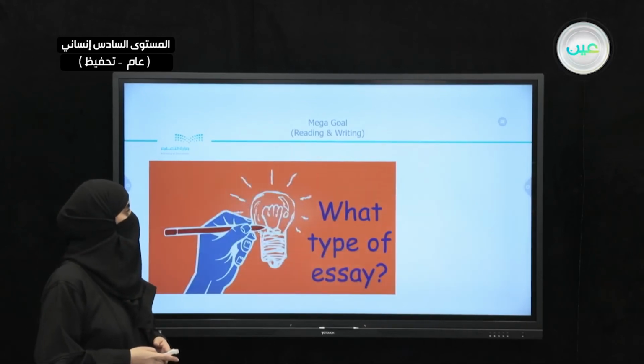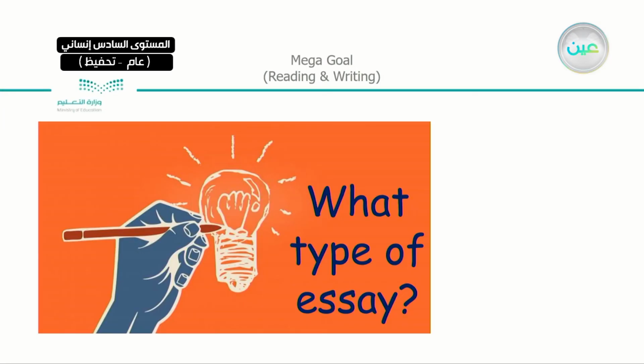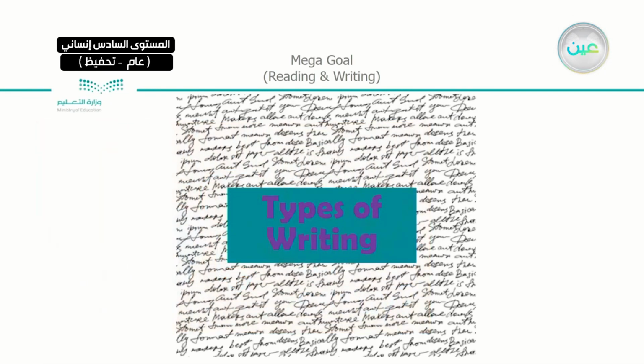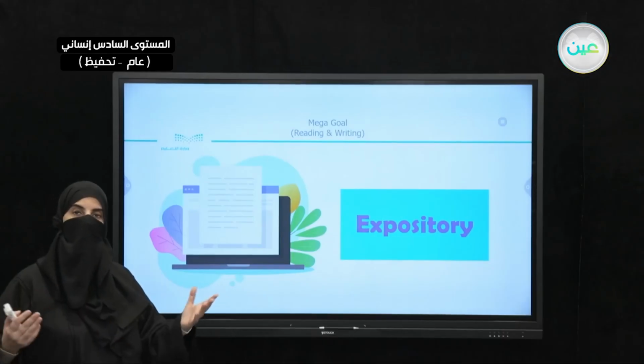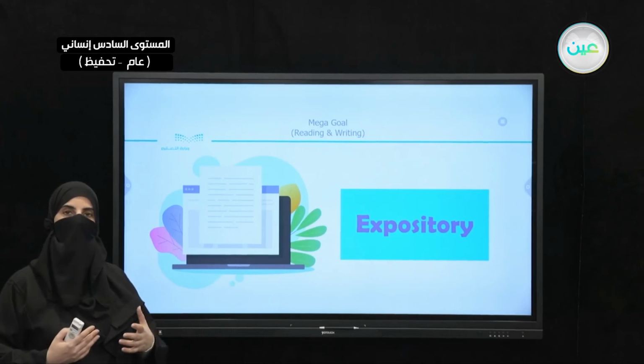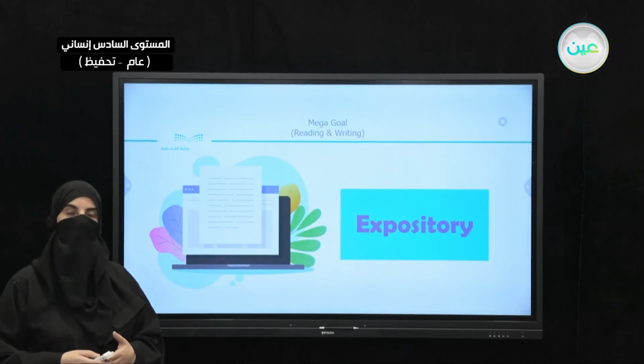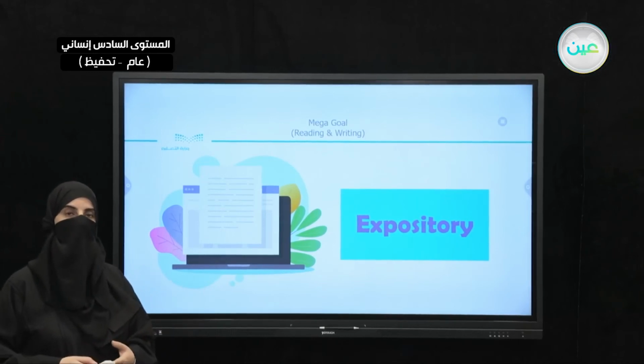After that, you have to know what type of essay you have. So what are the types of essays? You can write the types of writing we have here. Persuasive means that you have an idea and you are trying to convince someone with your idea. Expository just introduces something and reveals facts.